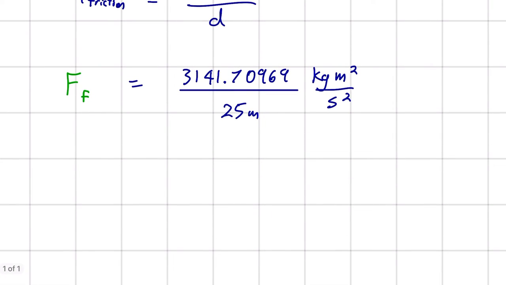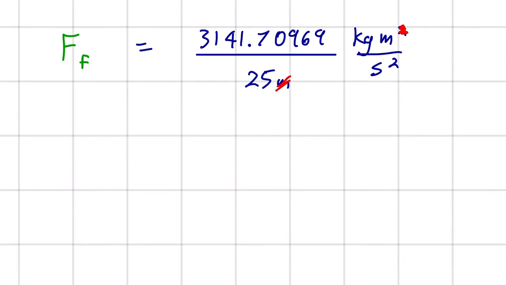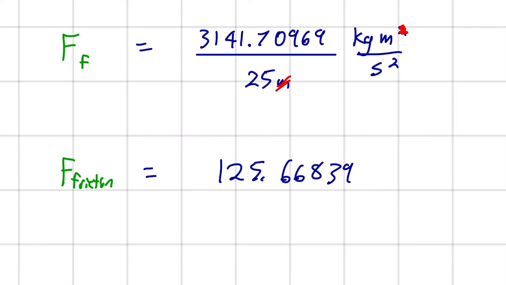So we have some units that'll cancel out. This meters and one of our meters on the top, so we cancel out that exponent. That means the force of friction is equal to, and we just have to type this in our calculator, 125.66839 kilogram meters per second squared. If you have different decimal points, that's okay.